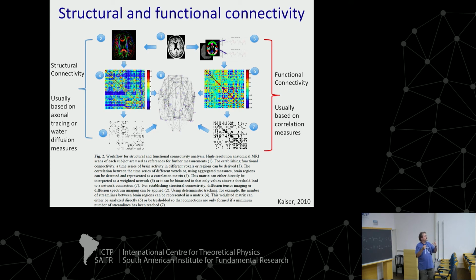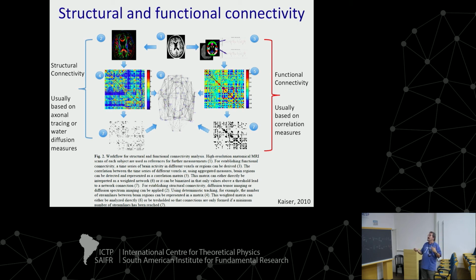So fMRI measures the blood flow. And by this, you have a measure of the activity of the cells of different regions. And then you can correlate the activities using any correlation measure. And then you have a map of the correlations between any pair of areas in the brain.